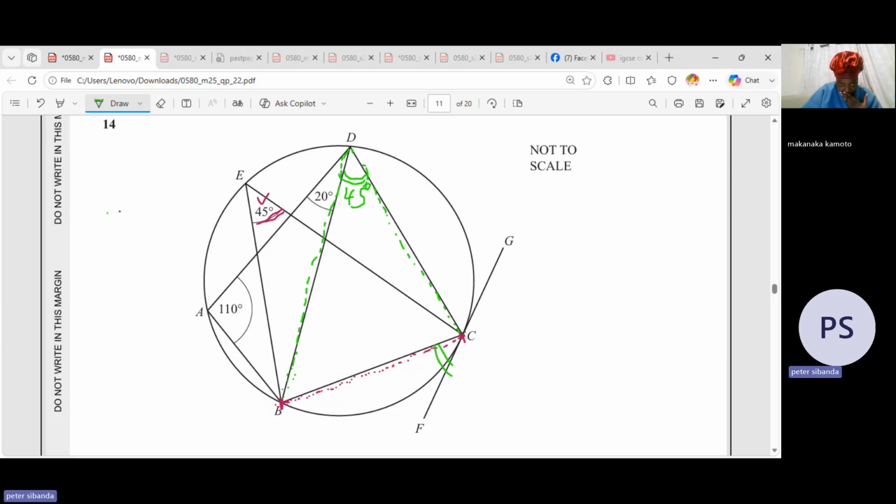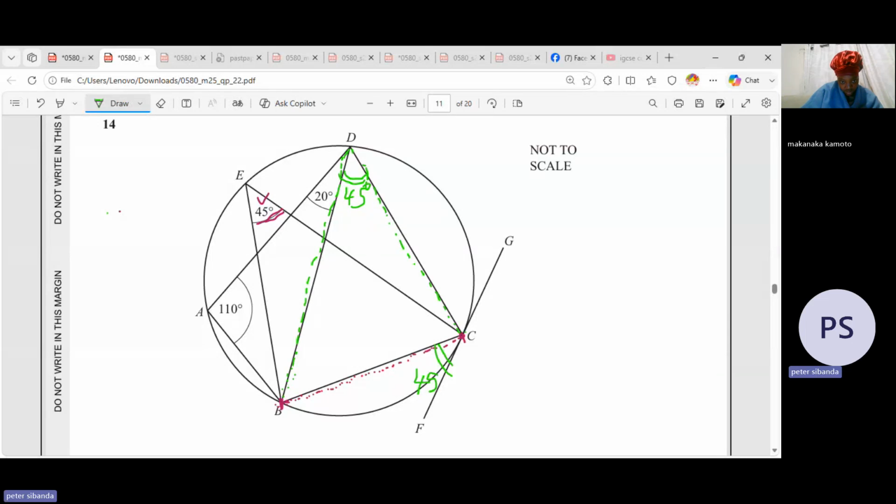We said that angle would be equal to any angle subtended by that chord, and we already know this chord is subtending an angle of 45. Therefore, this is also 45. You get that? Yes, sir. Good. So we now know that part is 45.